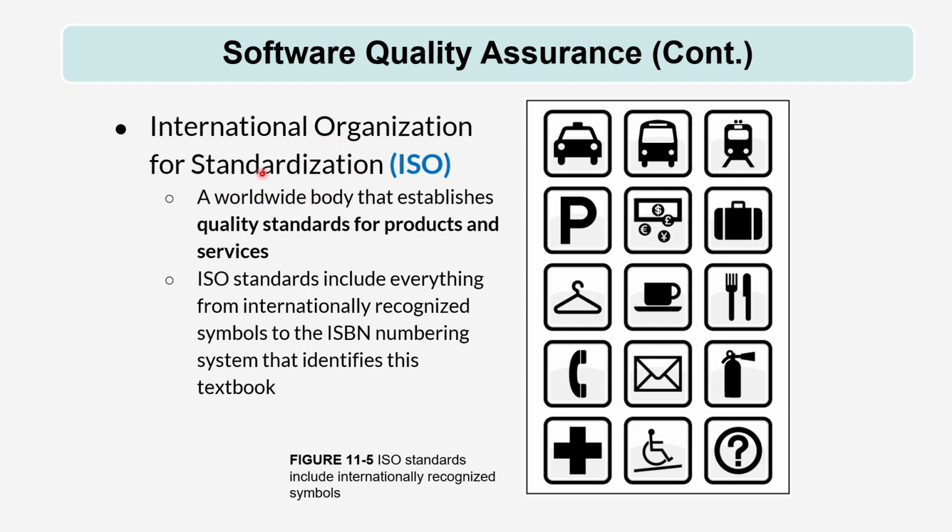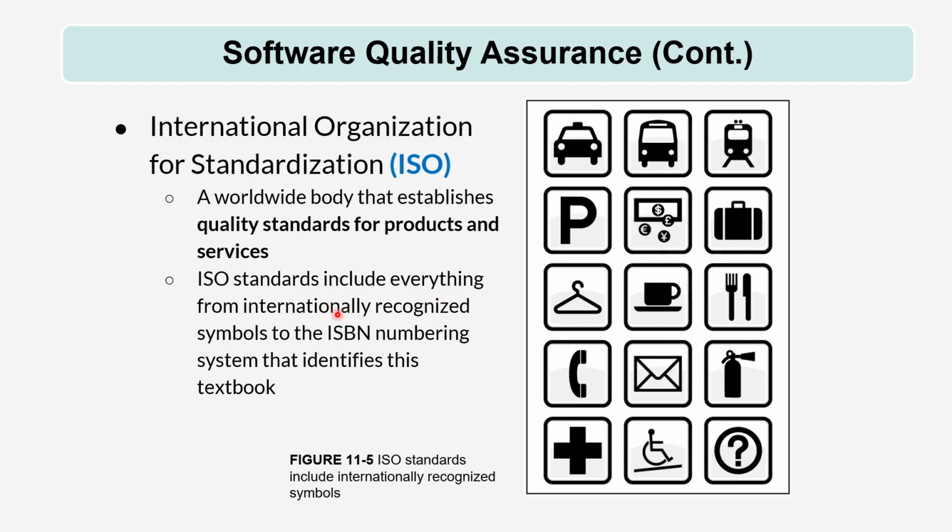Next, the International Organization for Standardization, or ISO. It is an international body that establishes quality standards for products and services, including software development also. ISO states standards which provide product quality, compatibility, and safety.